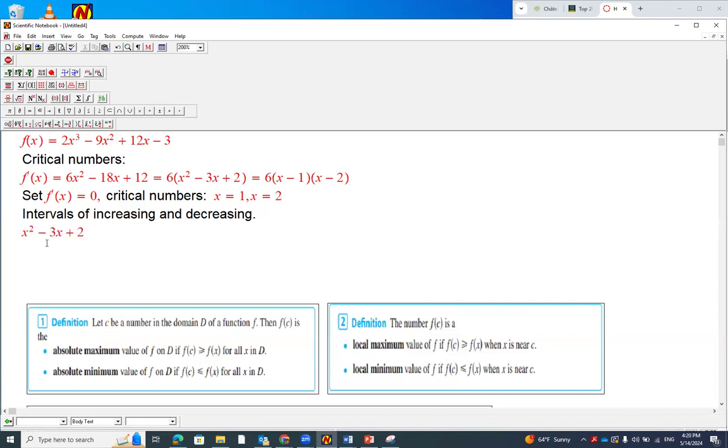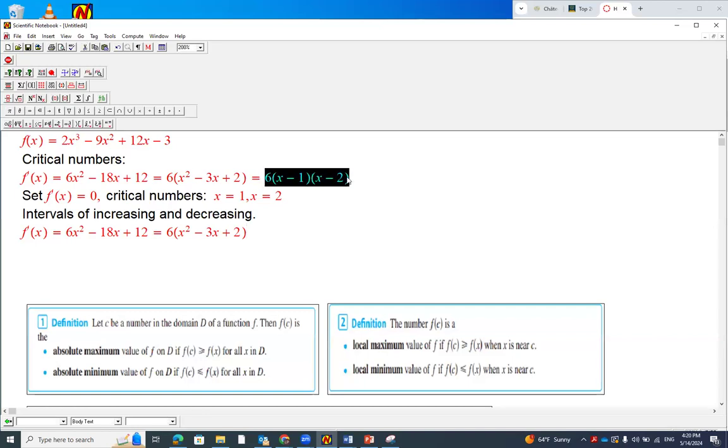You can attach a 6, but I do not attach a 6 because it doesn't change the sign. So you can say, okay, this is a parabola and equals that.